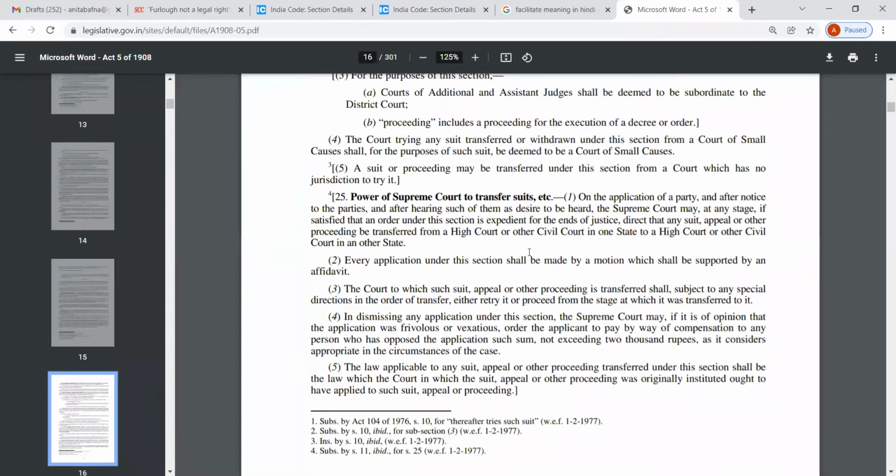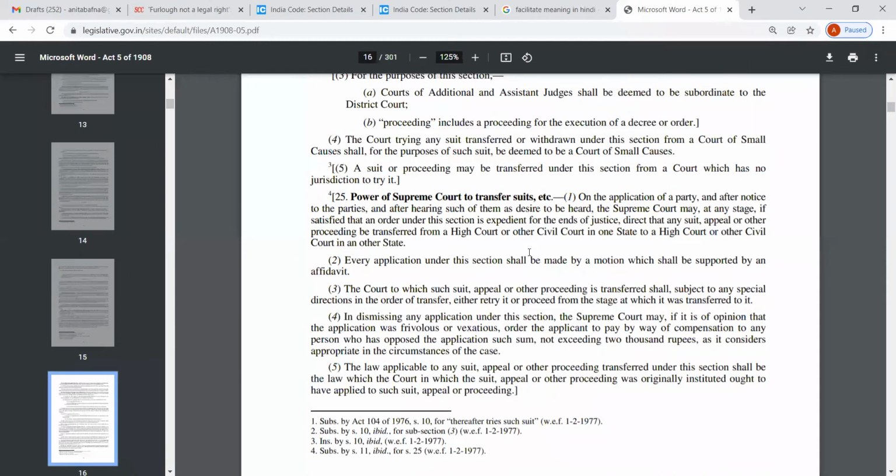If there is a writ petition which you want to get transferred to another High Court, then also you have to approach the Supreme Court, because one High Court's powers and another High Court's powers are at an equal level. So it is not possible that one High Court can direct another High Court. If their powers are equal, it cannot. Another reason, these are two different states. So a matter between two states will always go to the Supreme Court.